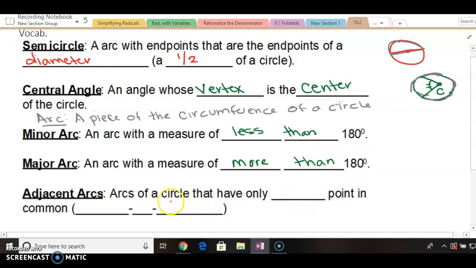Adjacent arcs are arcs of a circle that have one point in common, and they are side by side. That's what the word adjacent refers to: they're side by side, or next to each other.